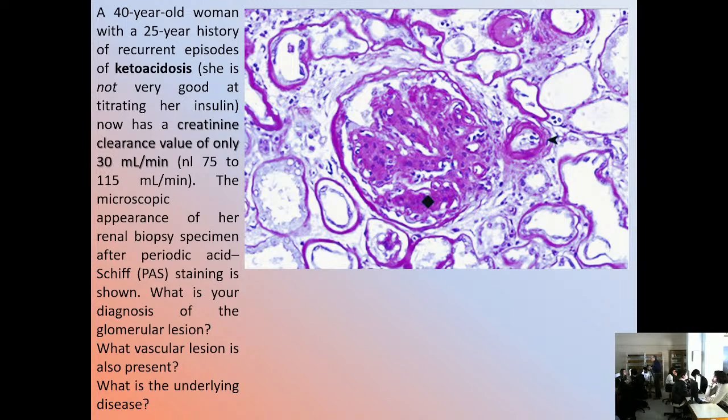So what do we see here? You see the arteriole that gives blood to the glomerulus, and how is its wall? It's thickened. This is a sign of, remember how we said that? Hyaline arteriolosclerosis. Okay? Some sort of nephrosclerosis, benign in this context.